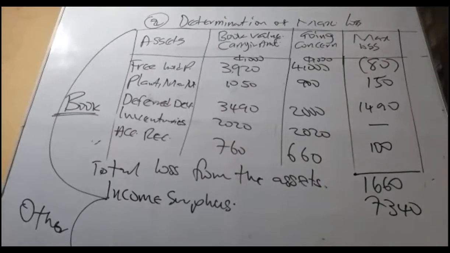The losses in the footnotes are the ones that we listed. There are 3 in number. Number 1, reconstruction cost. Preferred dividend in arrears. Number 2, interest on debenture in arrears. That is all. So let's go to the footnotes and look for them.